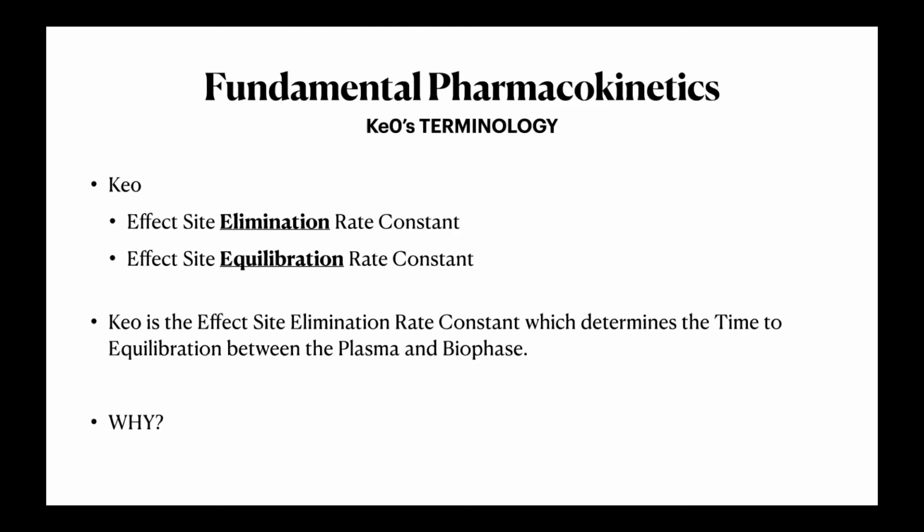To explain this, KEO is the effect site elimination rate constant, which determines the time to equilibration between the plasma and biophase. Question is, why? Why does the elimination rate constant determine the time to equilibration?